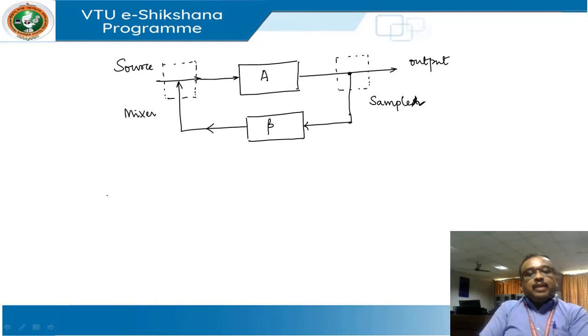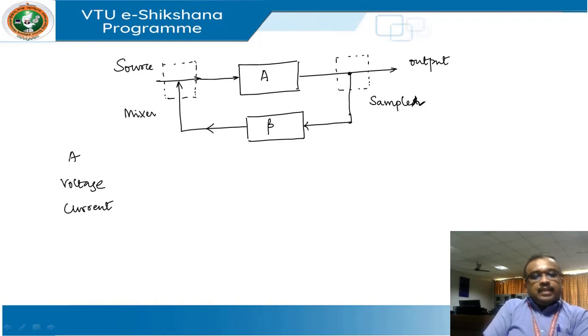Let me look at the four different amplifiers that we have. Let me write them down: a voltage amplifier, a current amplifier, then a transresistance amplifier and a transconductance amplifier.